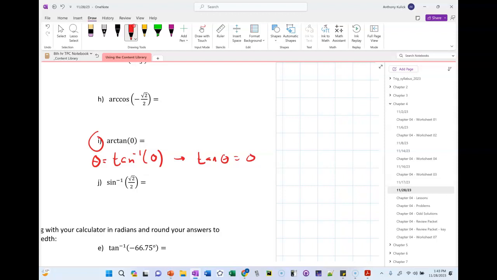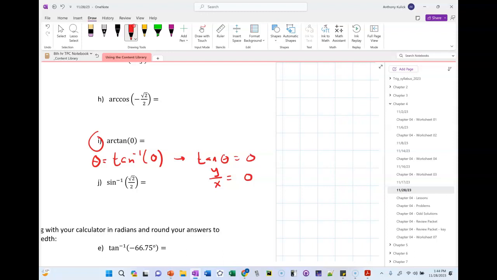Good so far? On the unit circle, how do we find tangent of theta? Y over x. So you locate angle theta on the unit circle and take the y coordinate divided by the x coordinate. Everybody's okay there?